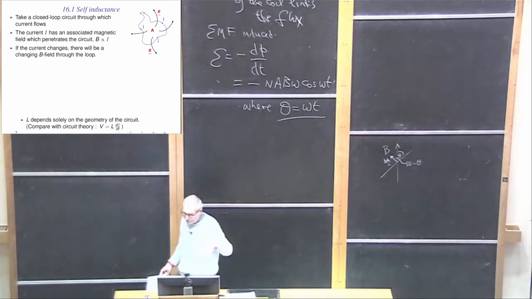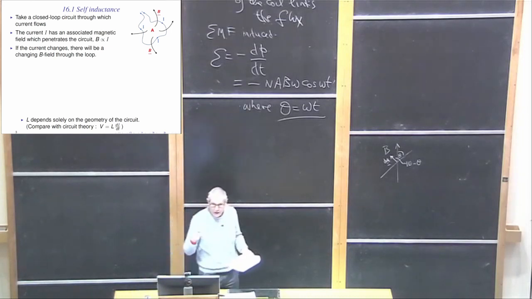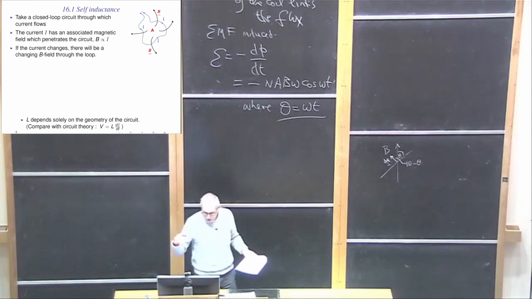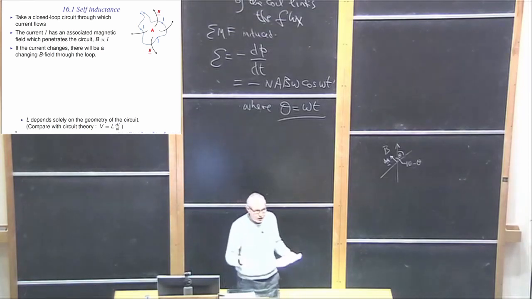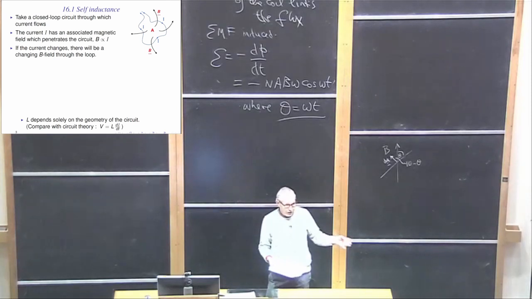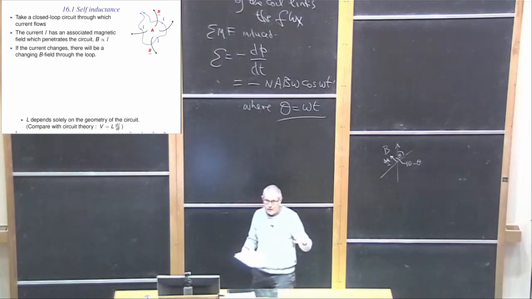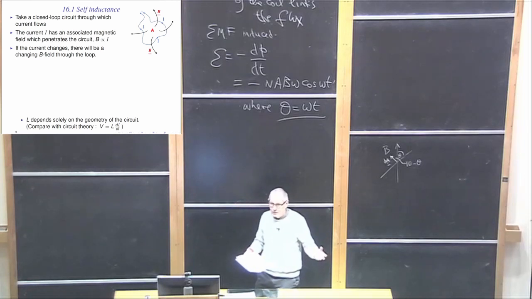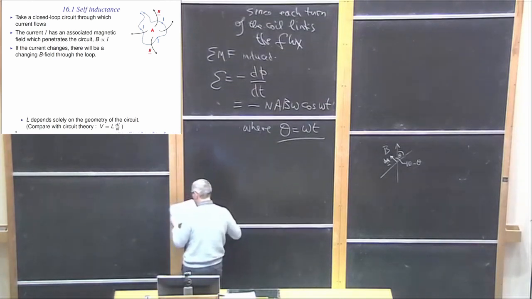So the magnetic field is proportional to the current. Now if you change the current in the circuit, you'll have a changing B field in the loop. And if you've got a changing B field in the loop, you know that you're going to induce an EMF. This is following on from that.